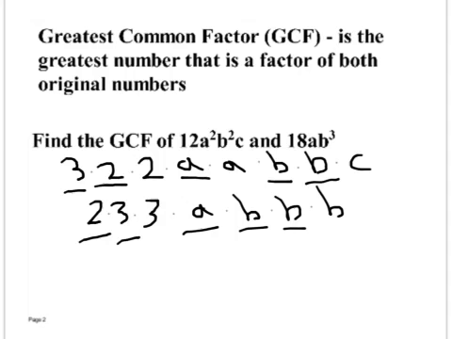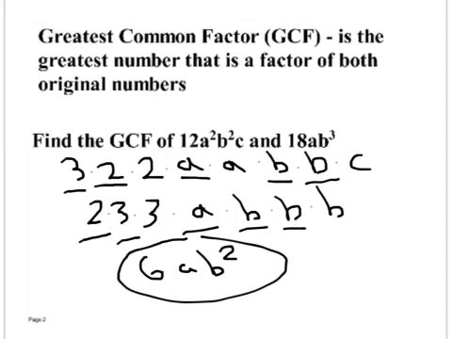So our greatest common factor, GCF: you go ahead and multiply all the common factors. 3 times 2 is 6, a, b squared. That is the greatest common factor.